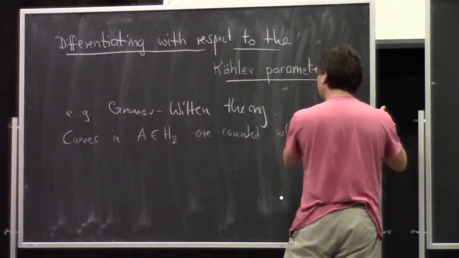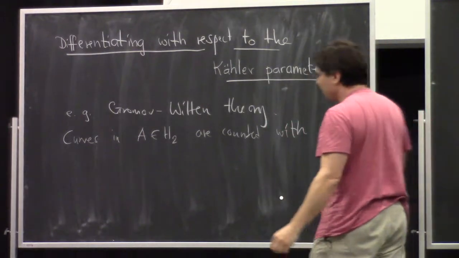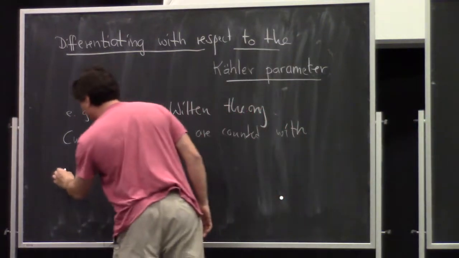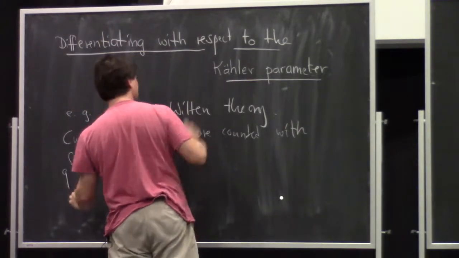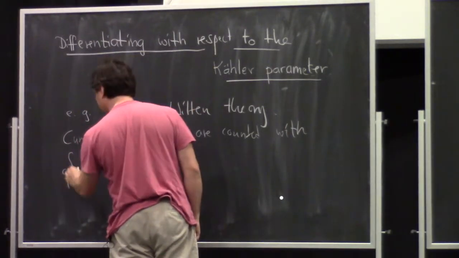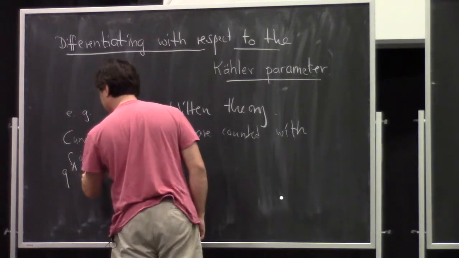Usually you introduce some formal parameters, and in this case I want to introduce just one formal parameter: the Kähler parameter, formal parameter Q, and you count them like this.